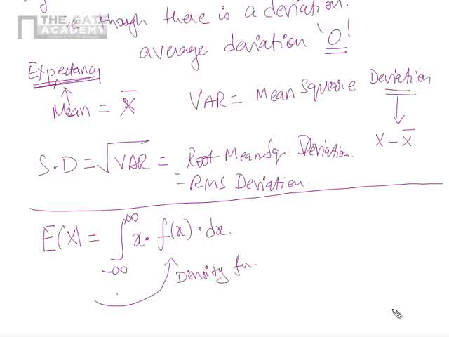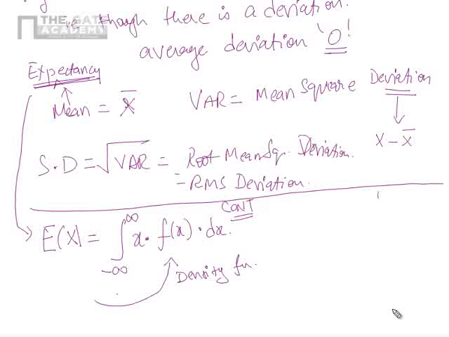Now E of x is called the expectancy of x, and it is defined as the integral from minus infinity to infinity of x into f of x dx for a continuous case.